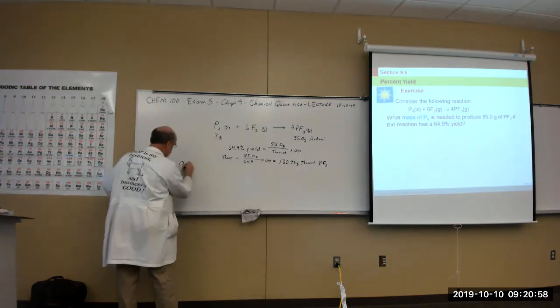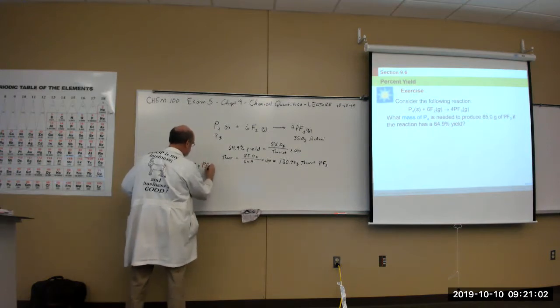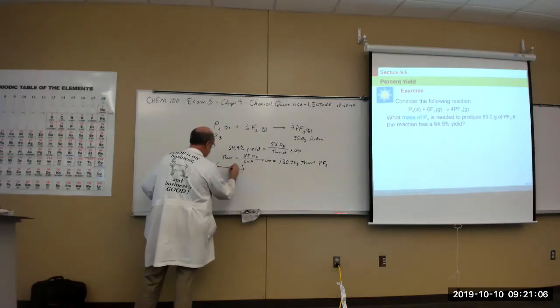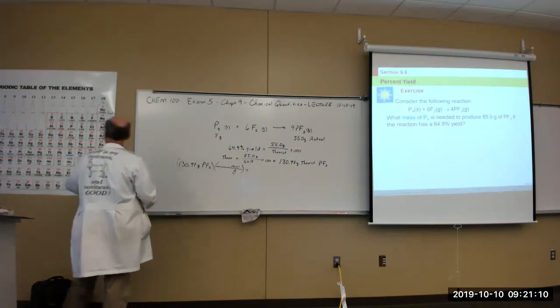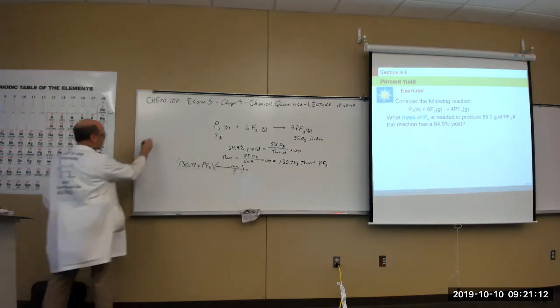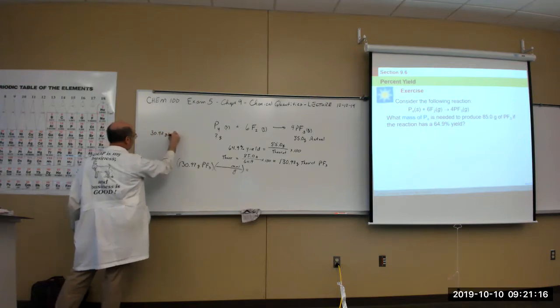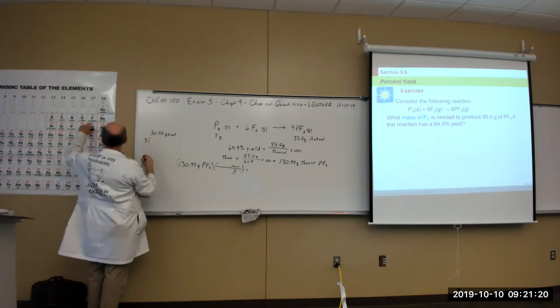So this is grams of this. We need to convert that, grams on the bottom, moles on the top, to moles. So PF3 would be what? Phosphorus is 30.97 grams per mole. And 3 times fluorine, 19.00.